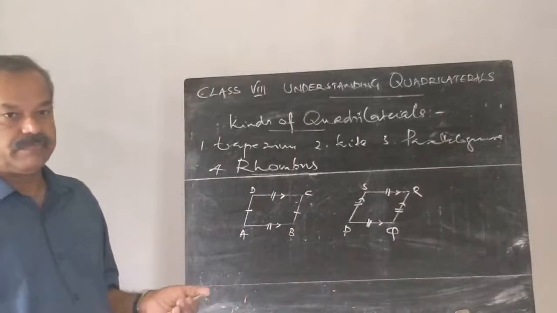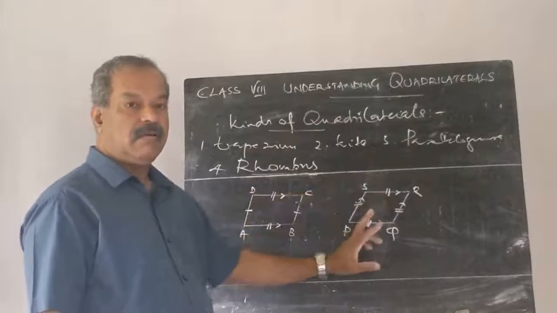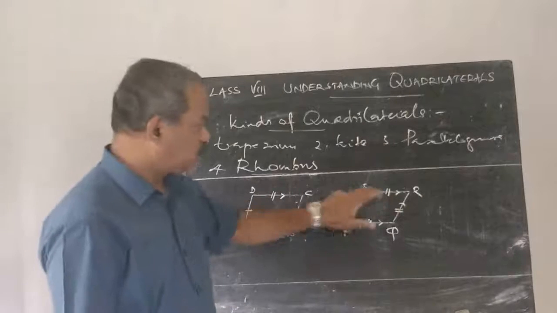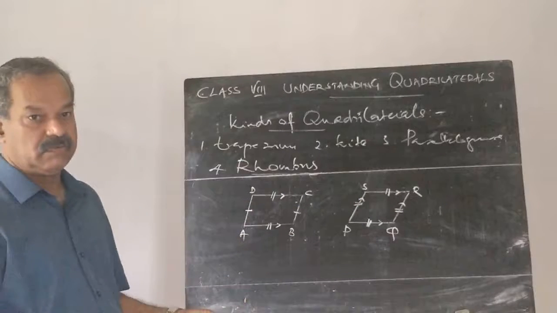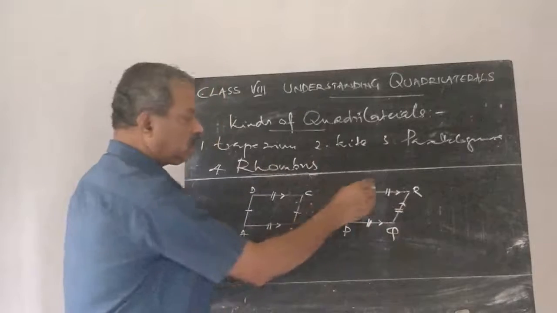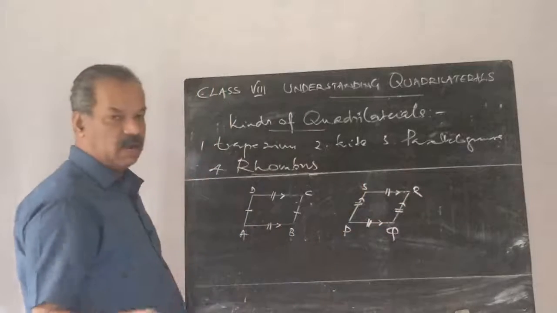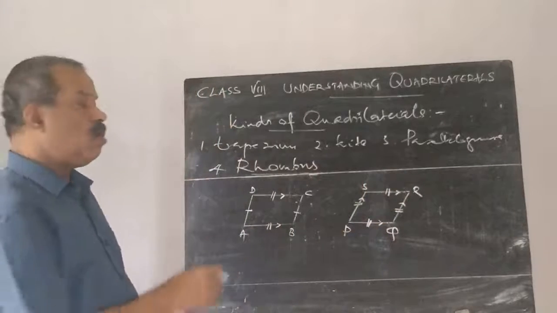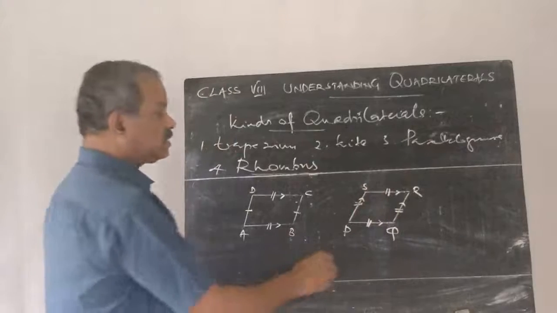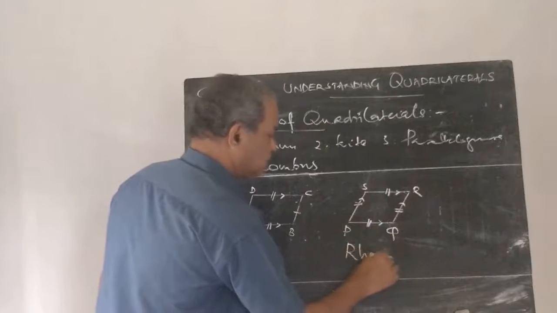In a parallelogram, opposite sides are parallel and opposite sides are equal, both ways. But in this figure, all the sides are equal. So we can say that PQRS is a parallelogram in which all the four sides are equal. Such a parallelogram is called a rhombus.